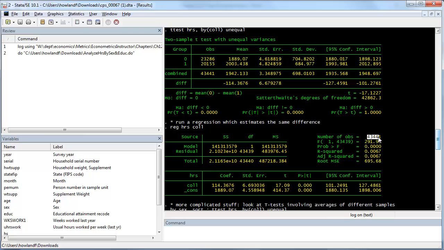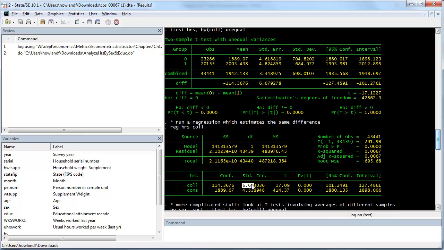We're looking at 43,441 people, which is the total number of people we just looked at, 23,000 with a high school education, 20,000 with a college education. And we get a standard error pretty close to the one we got in the last screencast. There's a different assumption going on here.